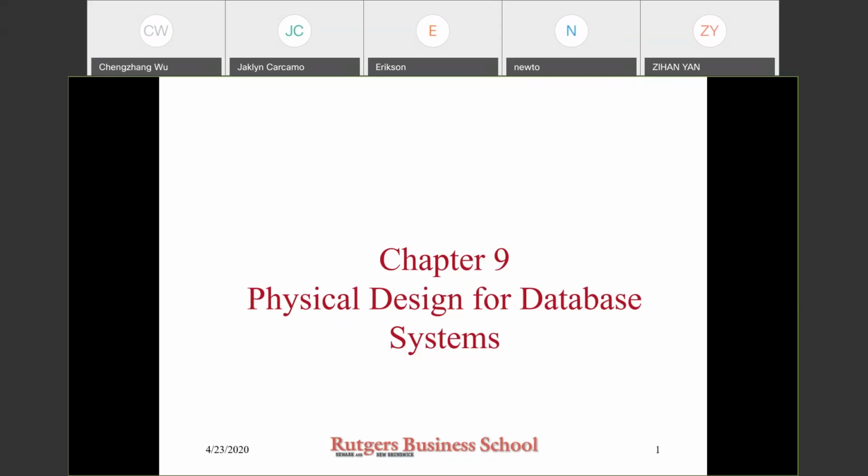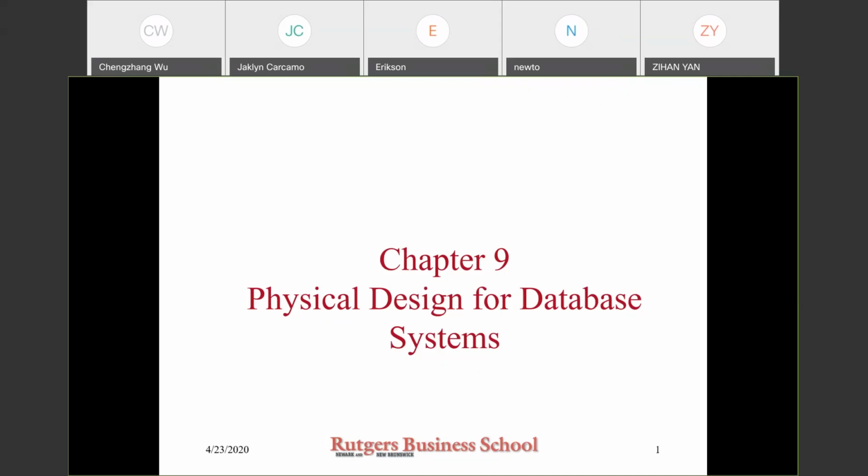All right, in the previous chapter, we discussed the logical design process for database system. Well, let's do a quick review. In chapter 8, we learned two processes for logical design.